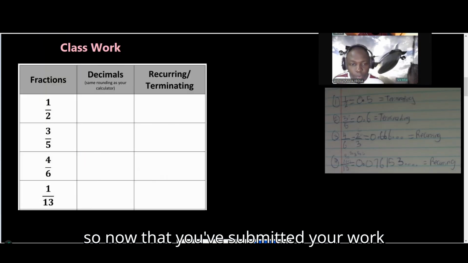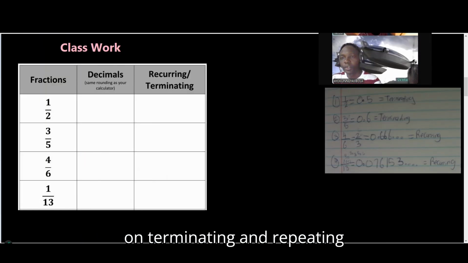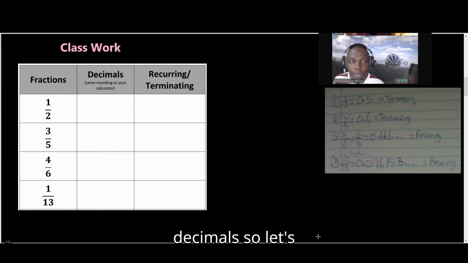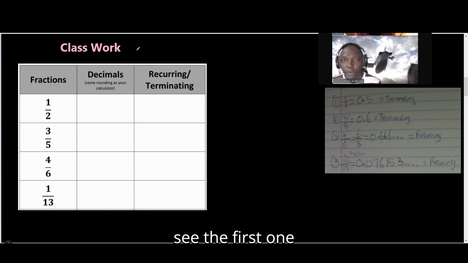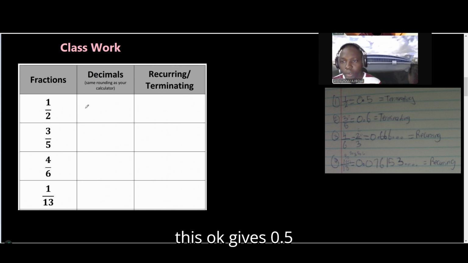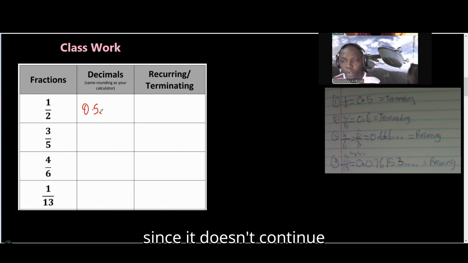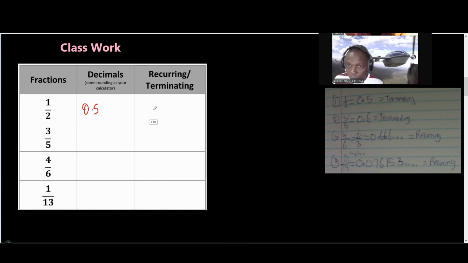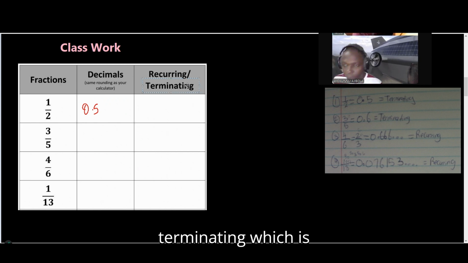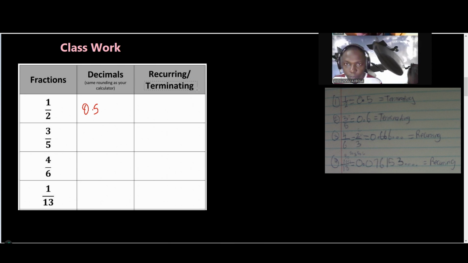So now that you've submitted your work on terminating and repeating decimals, let's see the first one. This gives 0.5. Since it doesn't continue, we pick it as terminating, which is correct with what you've done.